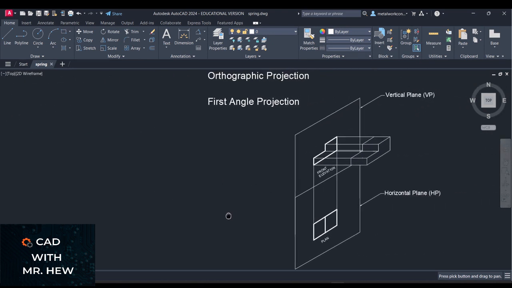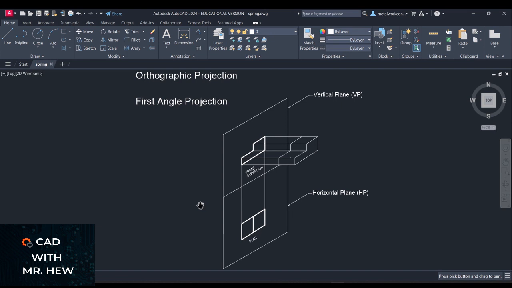All right, so now if we were to fold down the horizontal plane, this is the first angle projection view that you would see, in a model form, right? It's actually drawn at 30 degrees now.